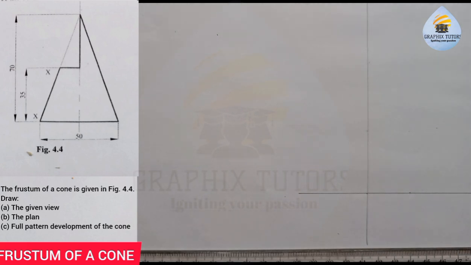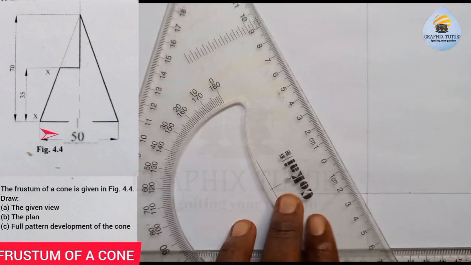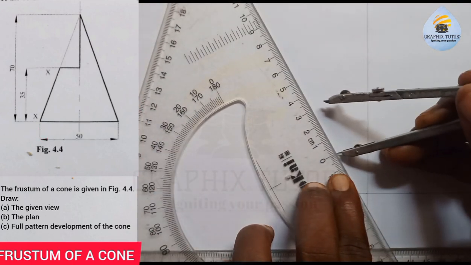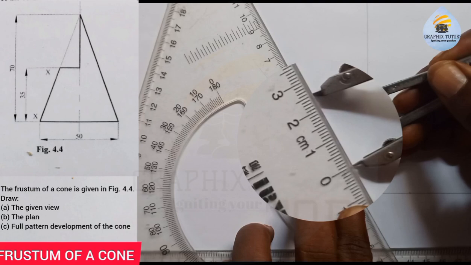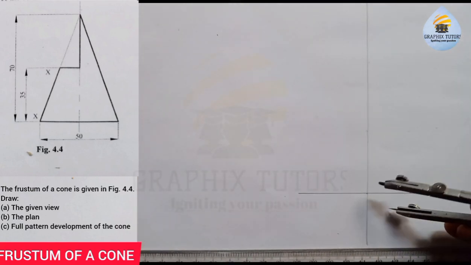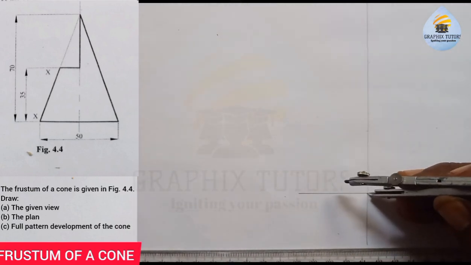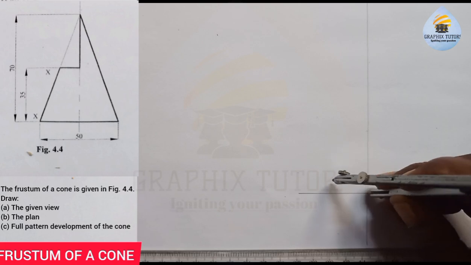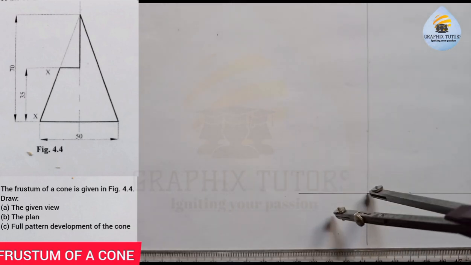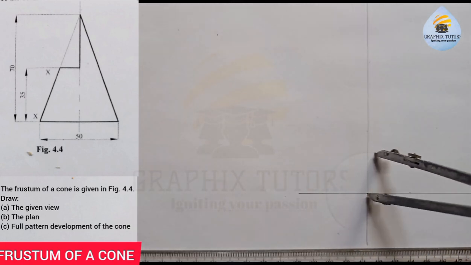Then I'll take my meter rule and measure the distance of 25. Since the diameter is 50, I'm going to measure 25 on my meter rule from 0 to 25. I'll place it at the center point here where the two lines meet. Then I'm going to draw a circle.